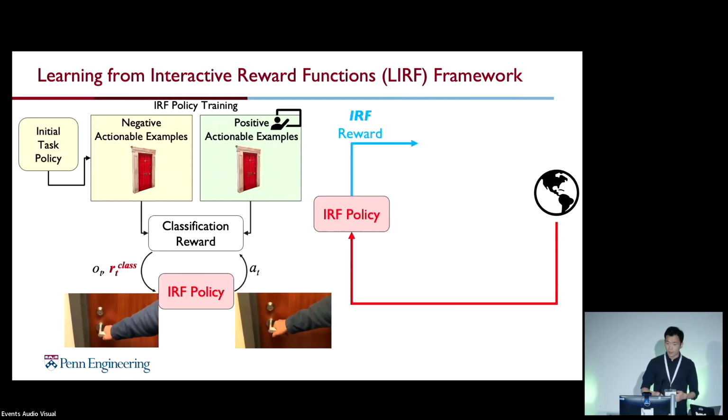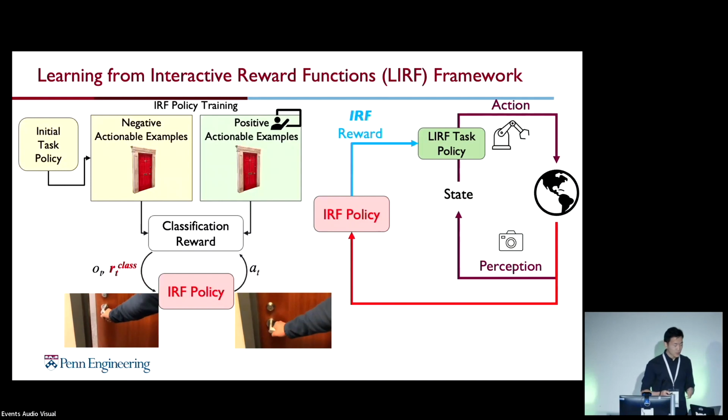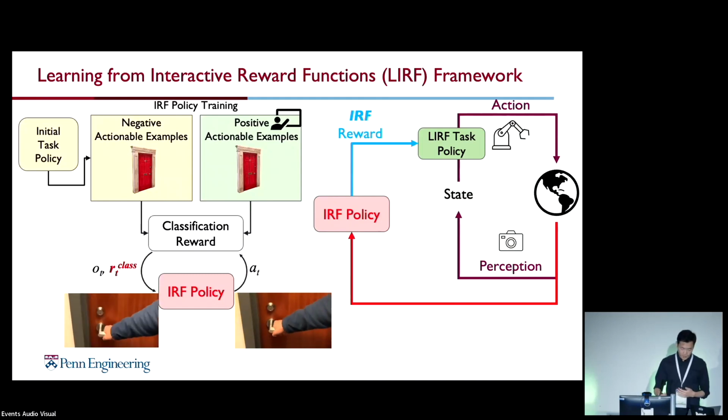The final outcome of running the IRF policy is thus an automatically inferred reward. It is high only if the door is properly locked. This reward can now be used to improve the task policy. It encourages the task policy to actually lock the door, rather than simply push it into place. We call this final improved task policy the LIRF task policy, short for learning from interactive reward functions.